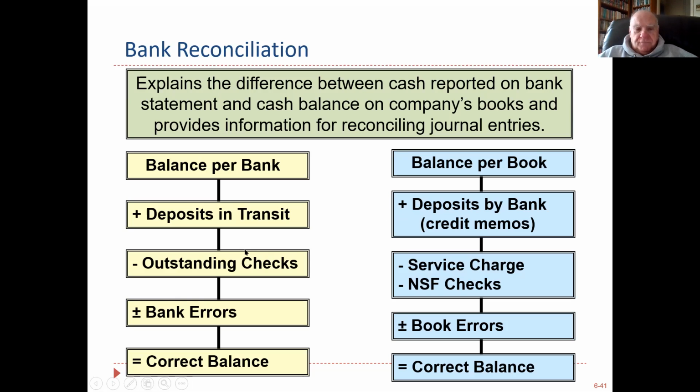And you cut me a check for $15, and I stuck it in my wallet and forgot about it for a couple of weeks. Well, when the bank statement comes out, that check is not going to be on the bank statement. So we have to subtract that. So your template that you really have to have in your head here, on the bank side, we're going to take the bank balance at the end of the month, add the deposits in transit, subtract the outstanding checks.